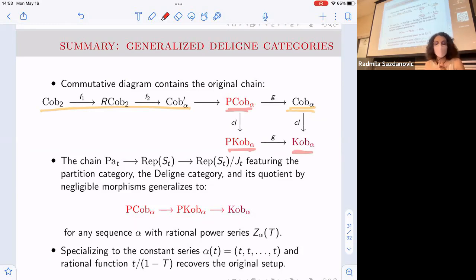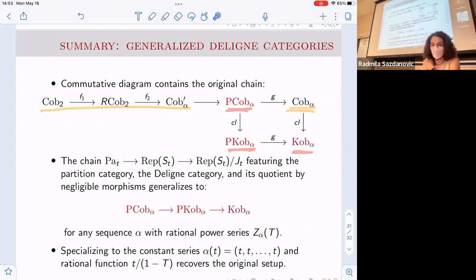Right, and then just to bring everything back together, the chain that we had in the beginning that takes the cobordism category into the Deligne category, into the quotients of the Deligne category by the negligible morphisms, now generalizes to this red sequence of cobordism categories.